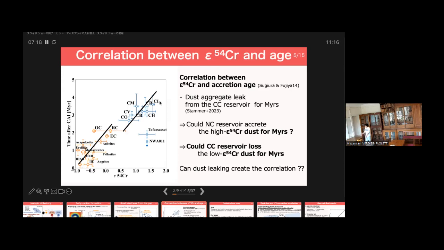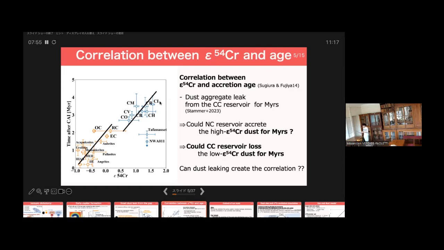If this is true, then dust is leaking from the outer edge of the gas gap for several million years, as previous studies suggested. Concerning this leak, the NC dust reservoir accreted relatively high epsilon 54 chromium dust for several million years.